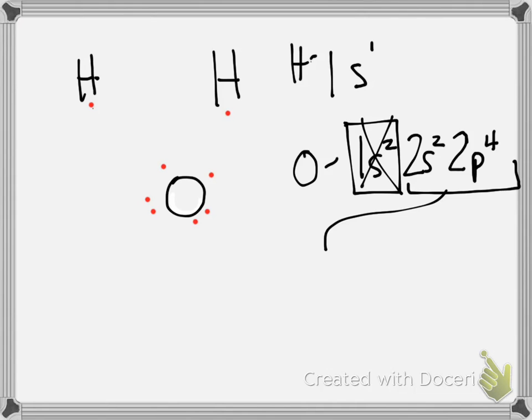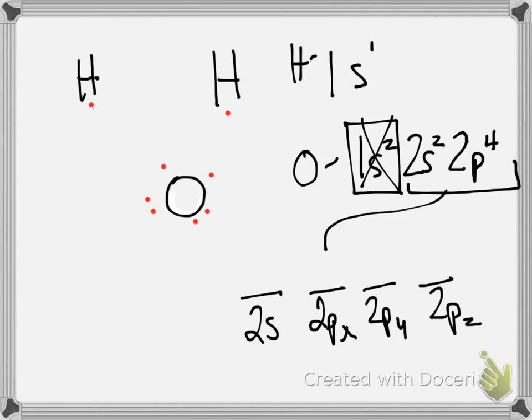If we do the orbital notation, 2px, 2py, 2pz: 1, 2, 1, 2, 3, 4. Okay, this one actually does work. This p orbital sidles up to an s orbital, and this p orbital sidles up to the s orbital on the other hydrogen. They share electrons. Everybody's happy.